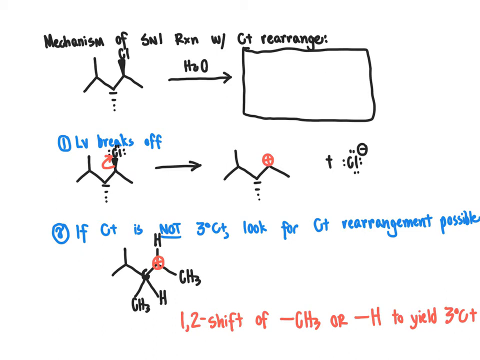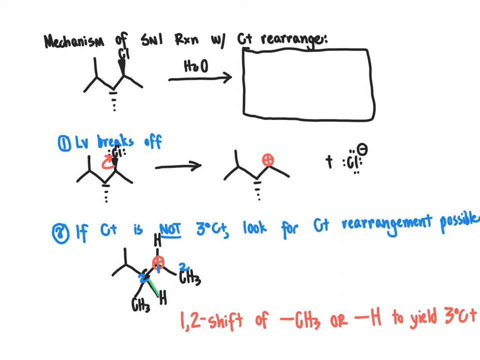By 1-2 shift, what we mean is that the only bonds that we can move are the bonds that will allow us to go from the carbocation, which we call position 1, and we can move only those bonds that are located at position 2, at the adjacent carbon atoms. So here we have 2 adjacent carbon atoms. The options that we have for bonds that we could relocate, I'm going to highlight in green here.